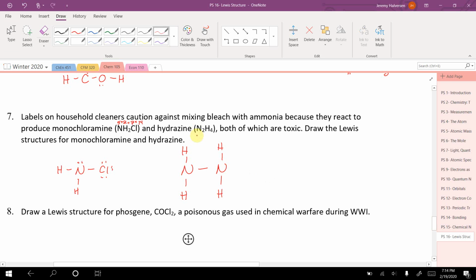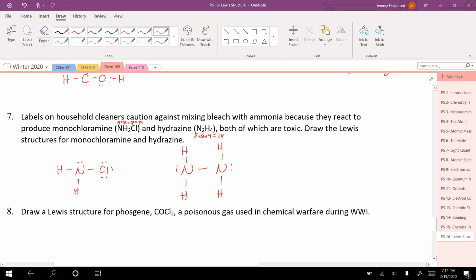So this is 4, so 5 times 2 plus my 4 from hydrogen gives me 14. 2, 4, 6, 8, 10, 12, 14. Formal charges are all 0.